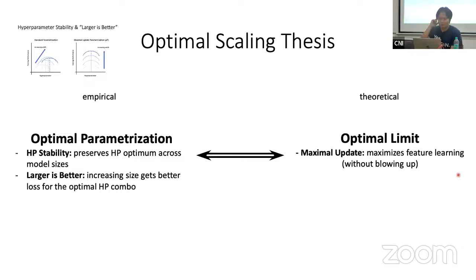But let me just observe that the left side is super empirically important. When you try to scale, you should be stable in hyperparameters, and larger should be better. It's very empirically important to actually achieve these properties. On the right side, you have something entirely theoretical, something entirely in our imaginations, that doesn't exist in reality.